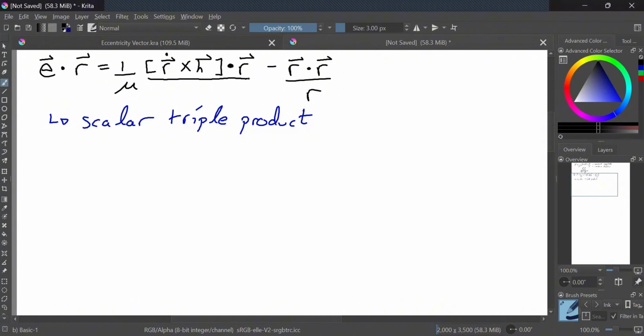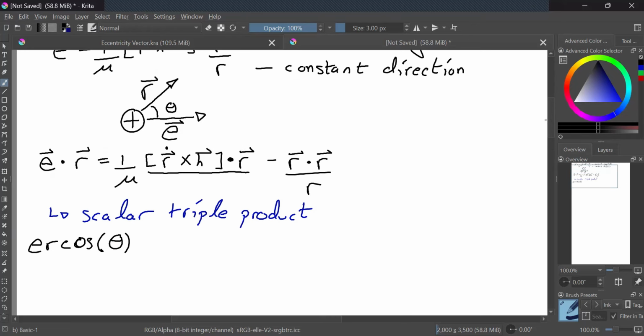Whenever you have a vector dotted with another vector, that is going to be the magnitude of both of them, so in scalar form, eccentricity, then radius, and then you take the cosine of the angle between them. This is the angle that we pointed to here.